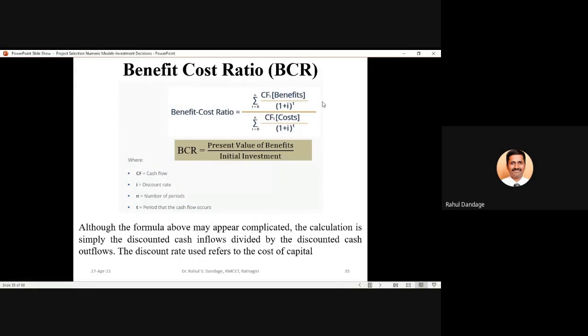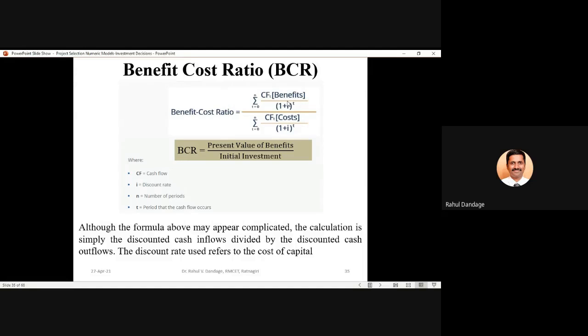So this is the formula. Benefit cost ratio is equal to the summation of CFt, the cash flows at individual time periods 1, 2, 3, 4, 5, 6, whatever the lifespan of the project is. These cash flows, in terms of the benefits, are divided by (1 + i) raised to t. Why do we divide by (1 + i)^t?